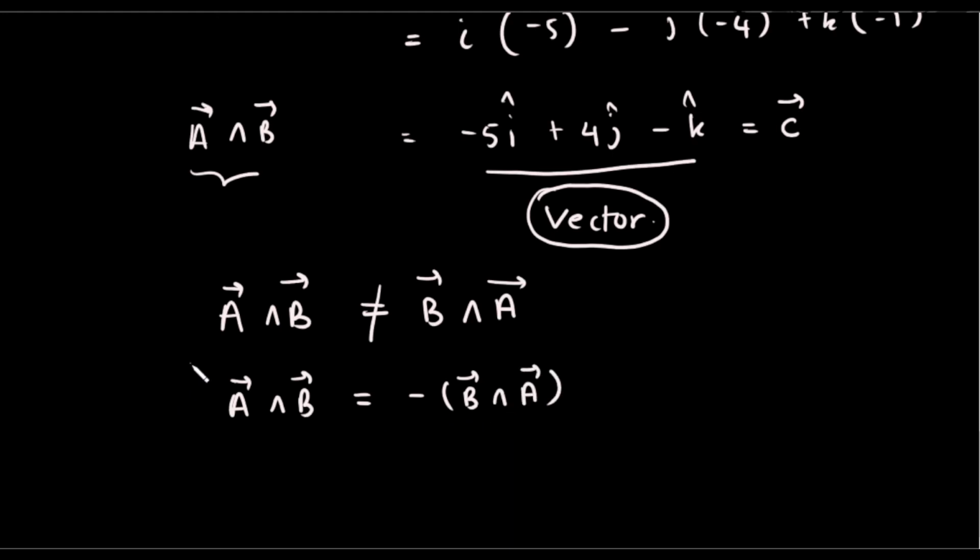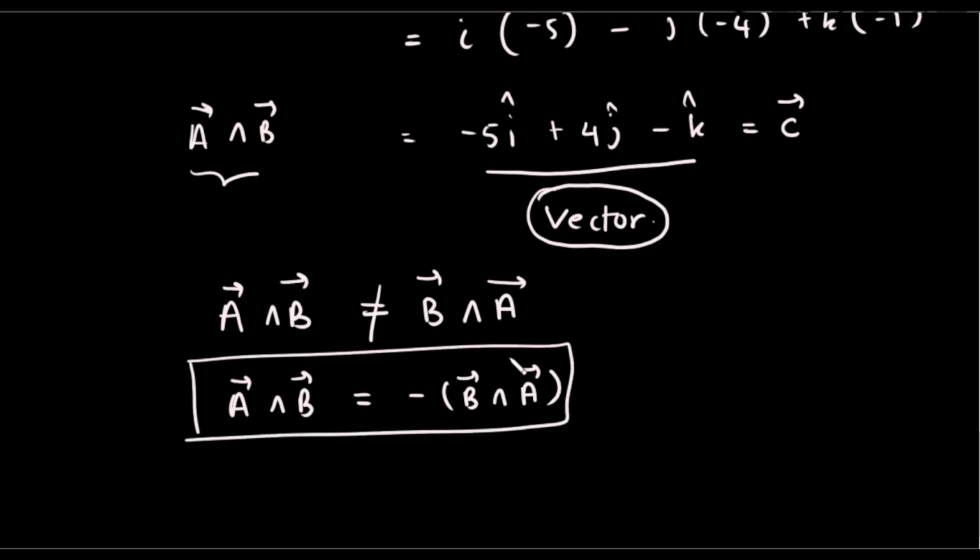You have to remember this, because when we find the cross product between two vectors, we get another vector with a direction.